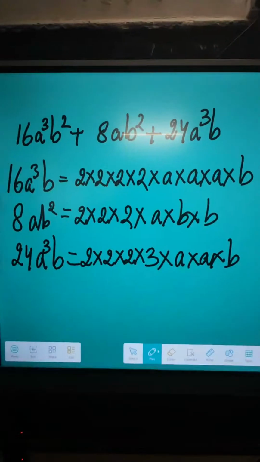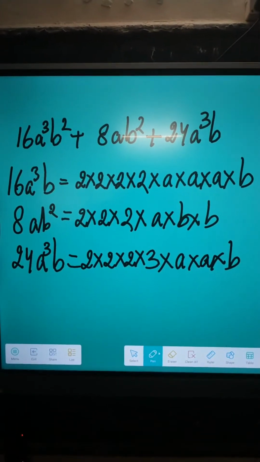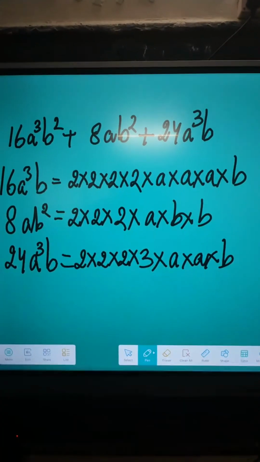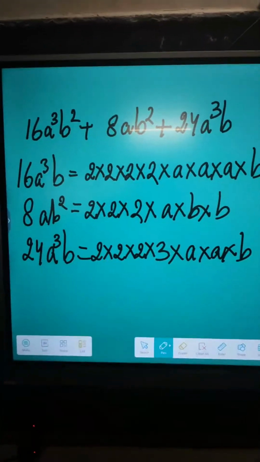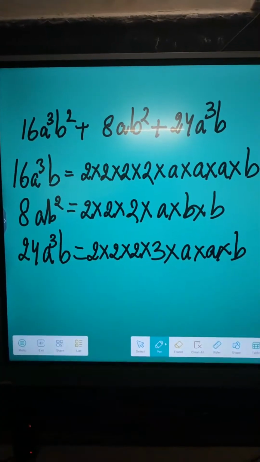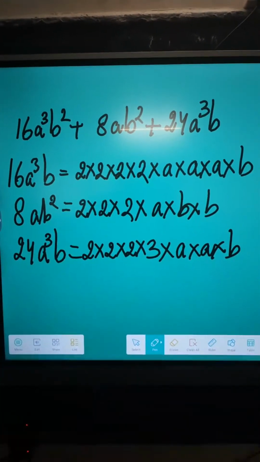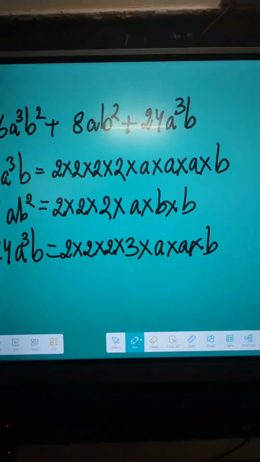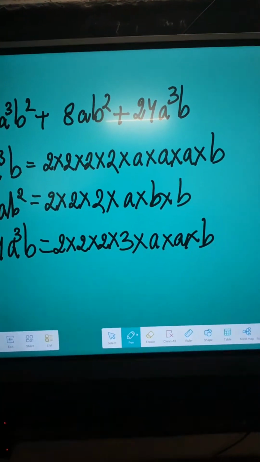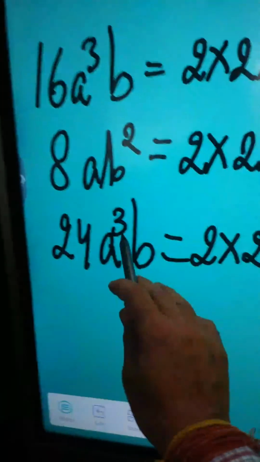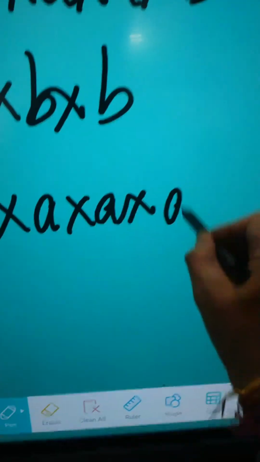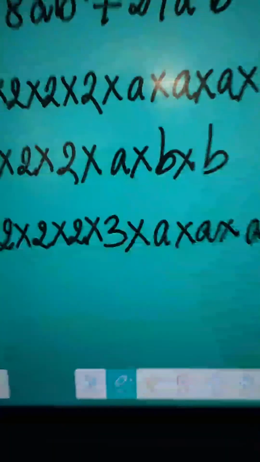Got it? This is how we factorize. 16 is 2 multiplied 4 times, a is a multiplied 3 times, multiplied by b. 8 is 2 multiplied 3 times, a into b. 24 is 2 into 2 into 2 into 3, a into a. Here it is 3, so I have to write one more a, and into b.